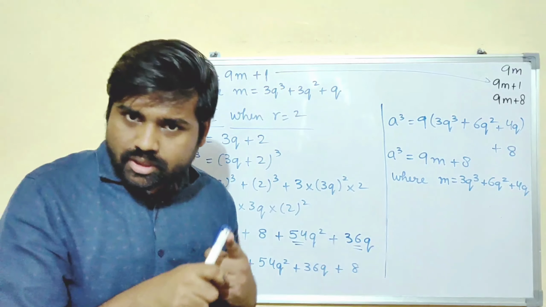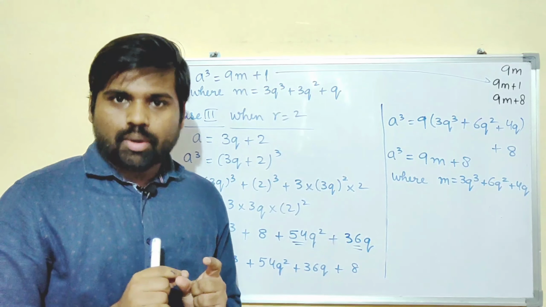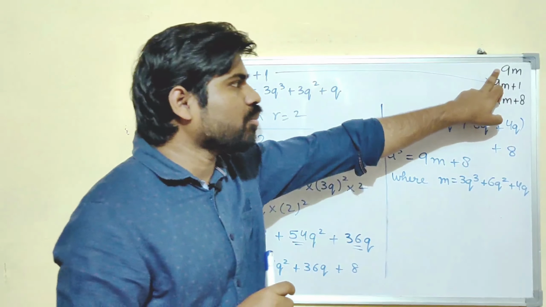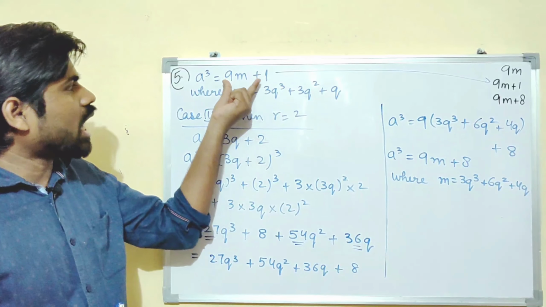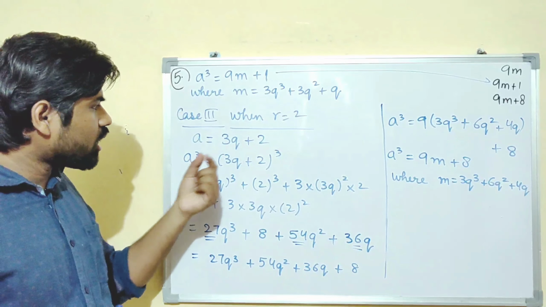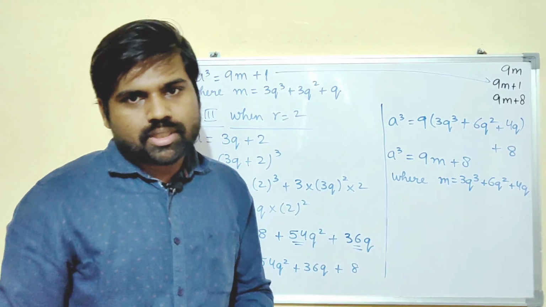In the first case when r equals 0, we got the form as 9m. In the second case when r equals 1, we got 9m plus 1. In the third case when r equals 2, we got the form as 9m plus 8.